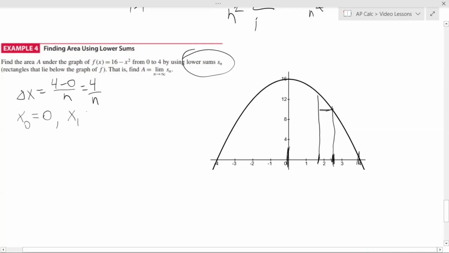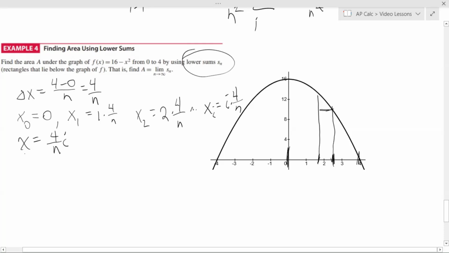Then x1 is 1 times 4 over n. Then x2 is going to be 2 times 4 over n. And then the ith x value is going to be i times 4 over n. So xi is equal to 4 over n times i.